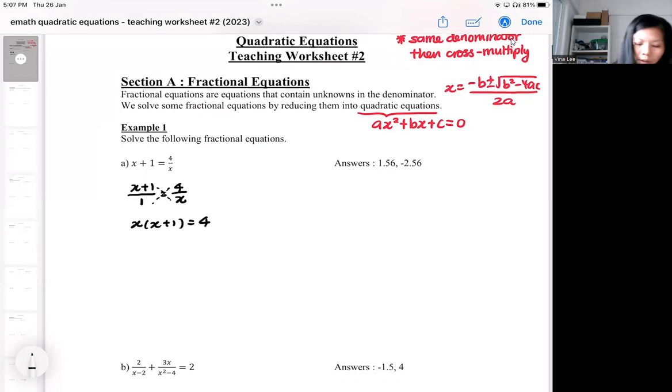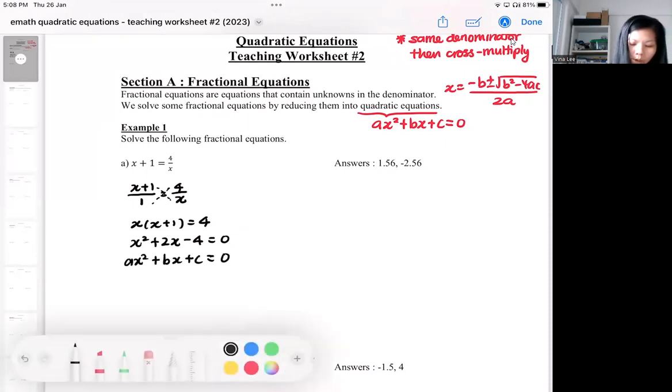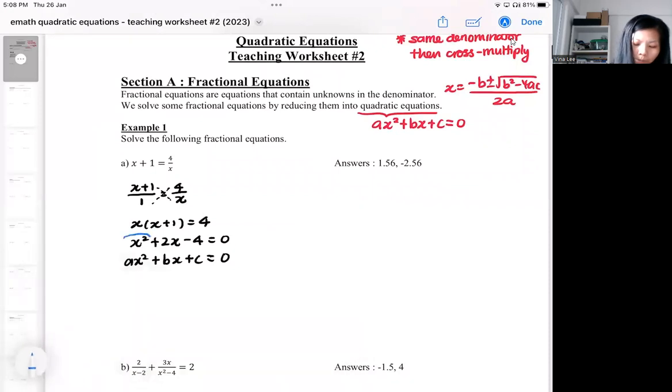When I get to the cross multiplication, I end up with a quadratic. When I end up with a quadratic and I'm trying to use the formula, I'm going to do my comparison.